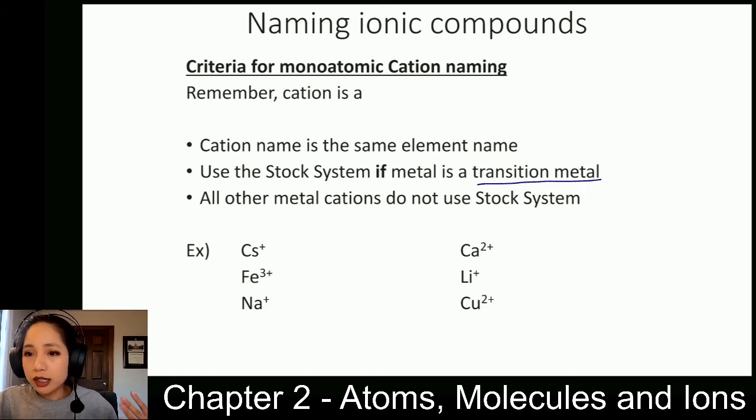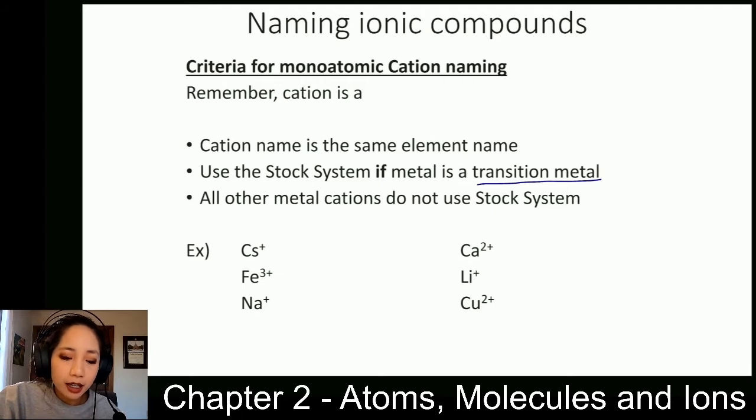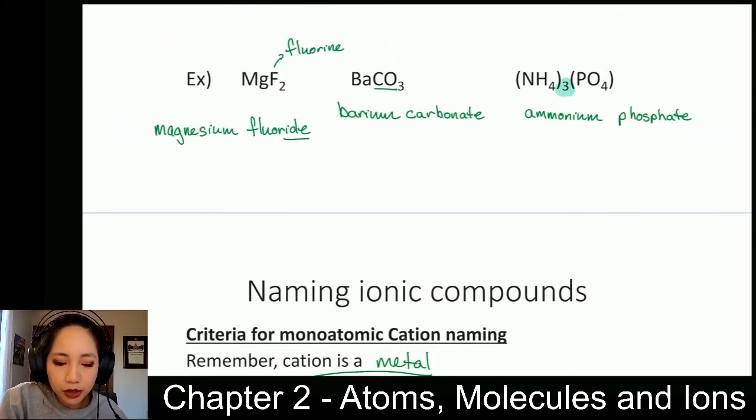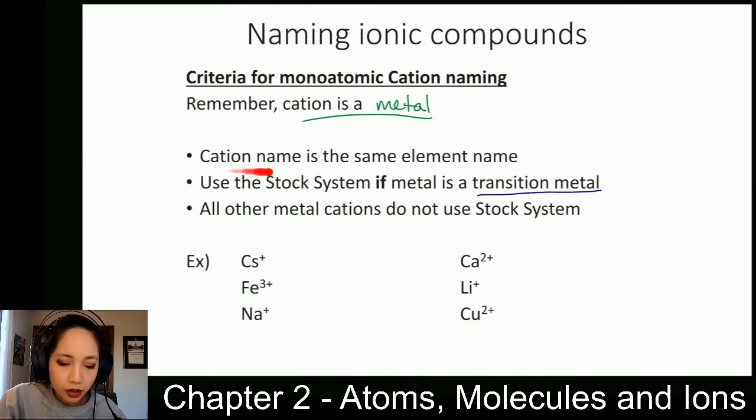Calcium cation is just calcium. Remember, with cation naming, typically the cation is a metal. In at least two of these examples, magnesium and barium are both metals, right? The cation name is the same as the element name, only for monoatomics. It's different if it's polyatomic because that has its own given name.